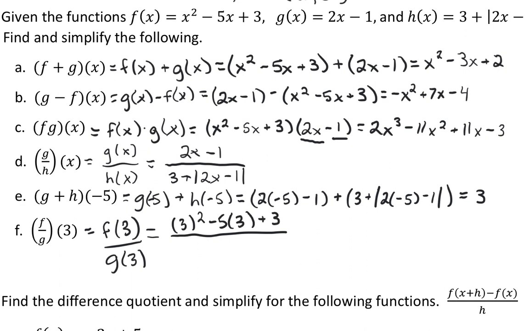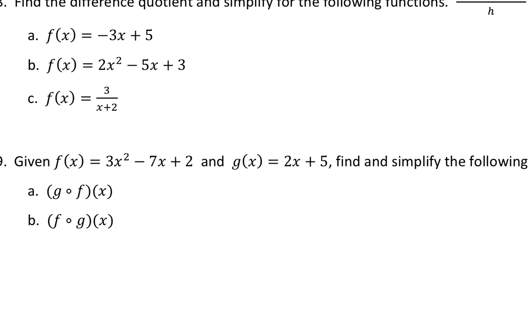So you'll see I'm just taking 3 and plugging that in for all of the x's we see in f of x, and then over 2 times 3 minus 1. So I just did the same thing for g of x also. So this is equal to 9 minus 15 plus 3 over 6 minus 1. And so that's going to be equal to negative 3 over 5.